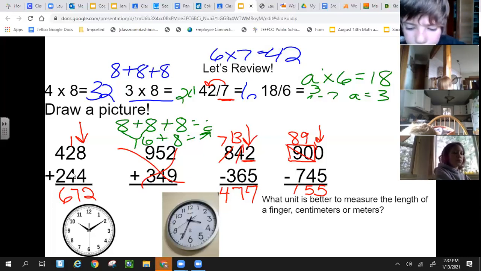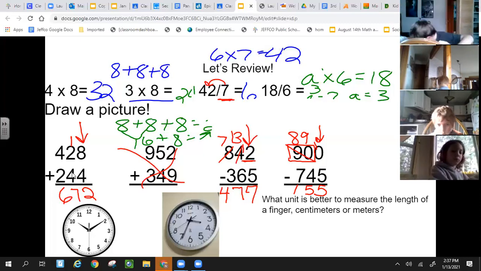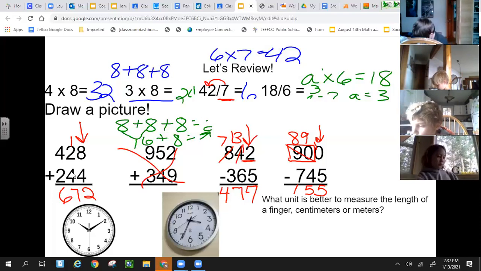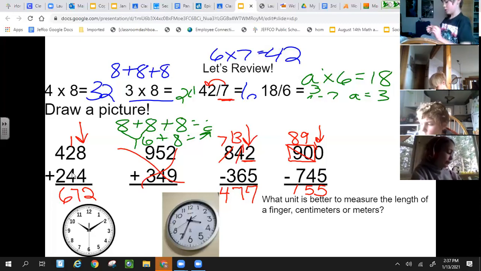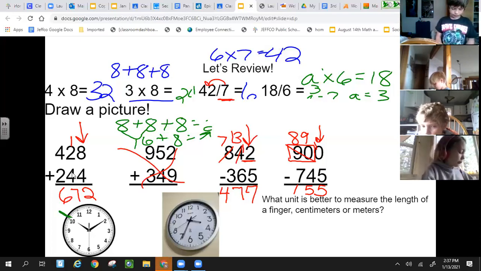All right, looking at our clock, Max Fox, what time is it on our first clock here? Let's start with the hour hand. What's the short hand pointing to? The 10.